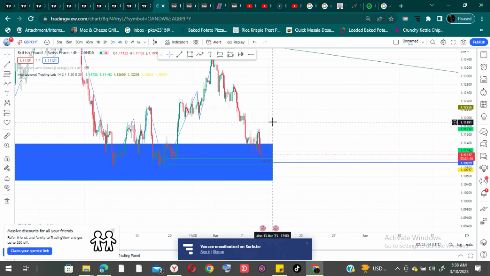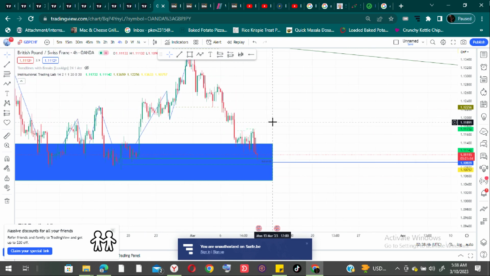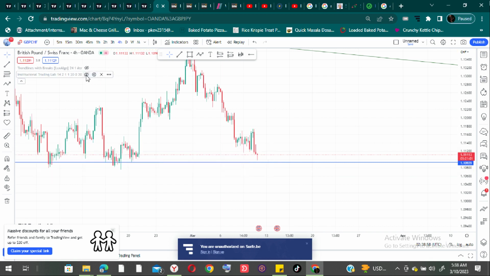Once the market breaks out of the zone, most of the time it will try to retest the same zone, and at times while retesting, it might come right back up before really proceeding, right?